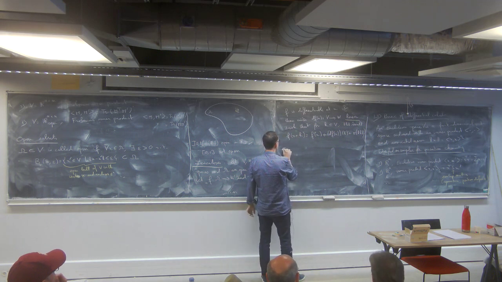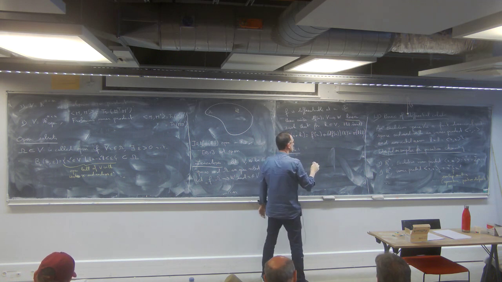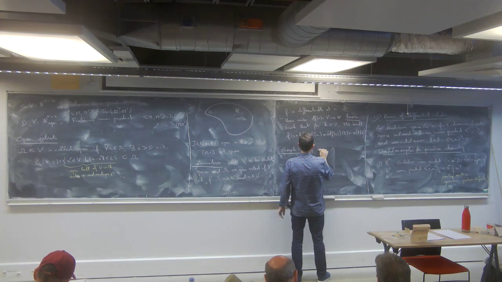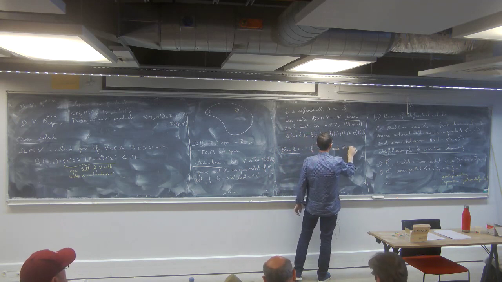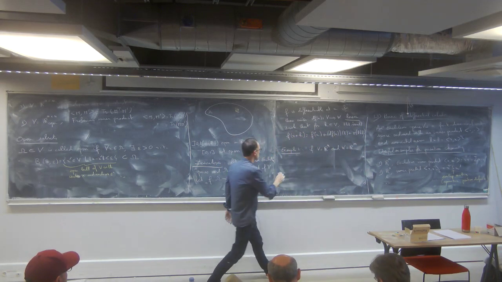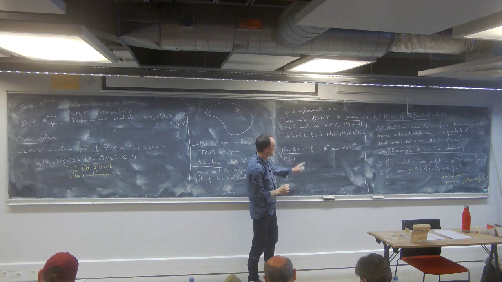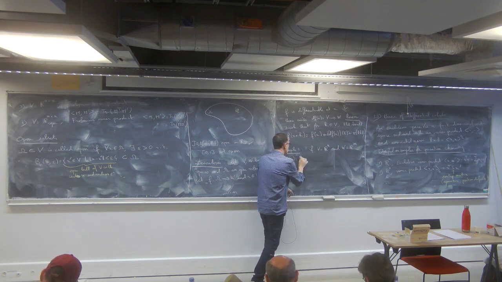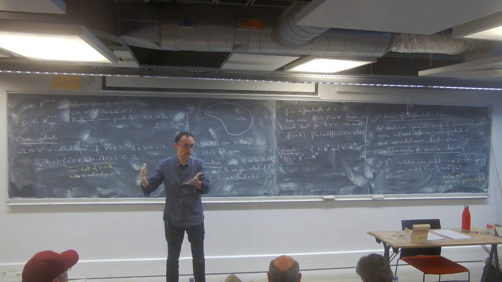Okay, some example. If V equals R^n and W equals R^m, so df of x is linear from R^n to R^m, and a linear map from R^n to R^m can be represented by a matrix.